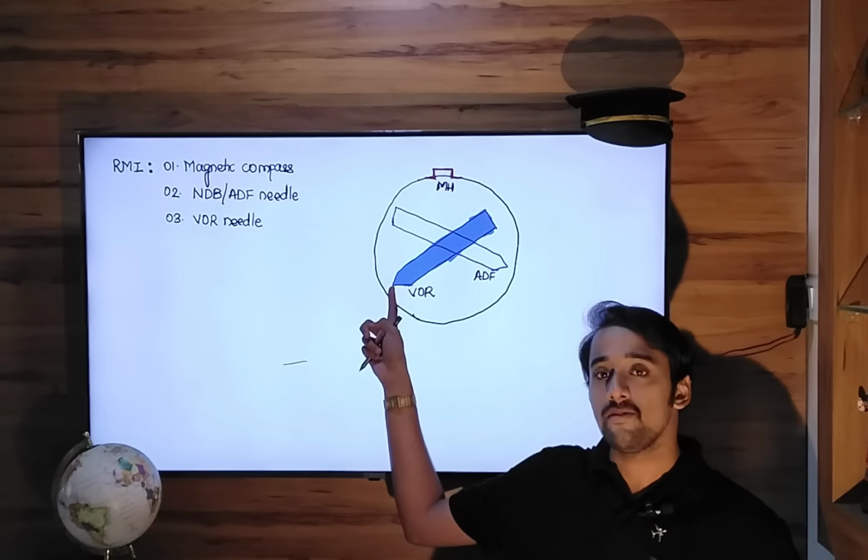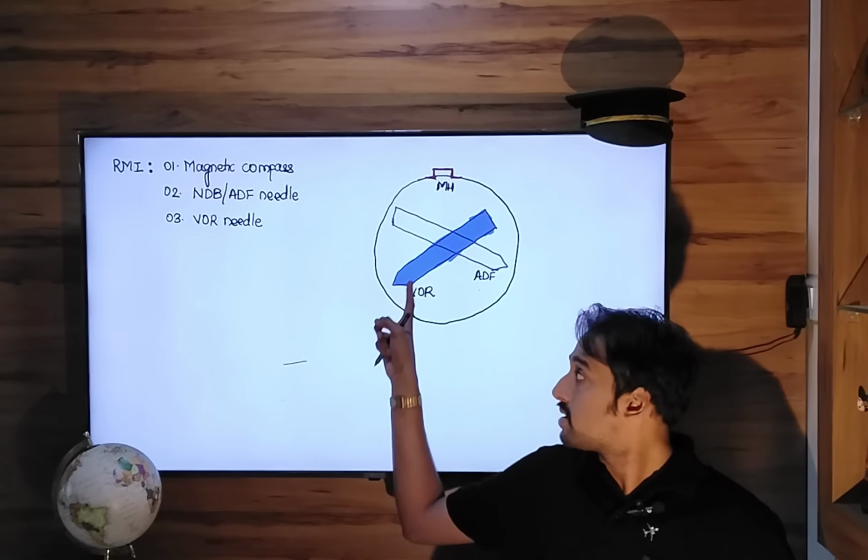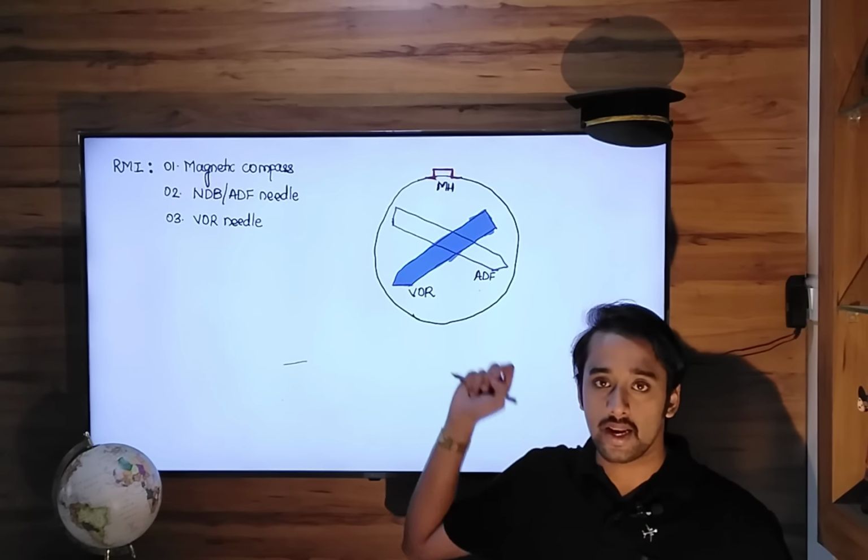The RMI shows magnetic heading, NDB ADF indication and VOR indication. The arrow filled with blue color is your VOR needle, and the hollow arrow is your ADF needle.